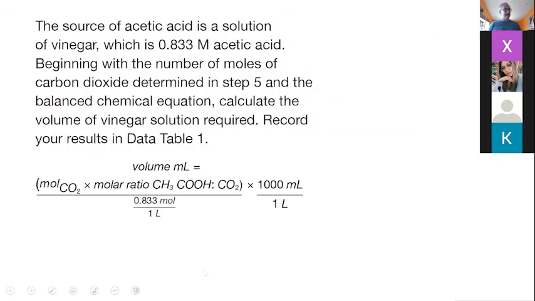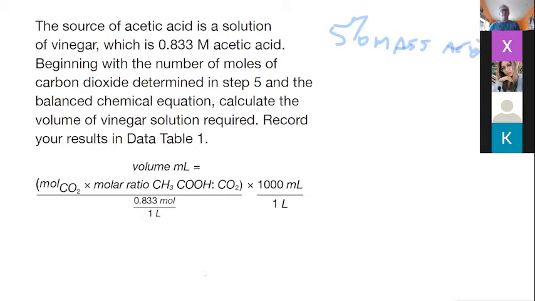So you go to acetic acid. Now, I think we actually did this calculation before, where acetic acid is 5% by mass acetic acid in vinegar, right?